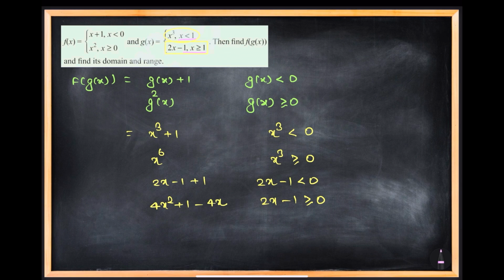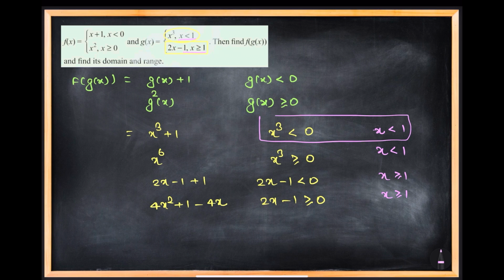So for this g, what are the acceptable values? It is smaller than 1, so x should be smaller than 1, and in the second case x should be greater than or equal to 1. Now you have to simplify this and then take the intersection.